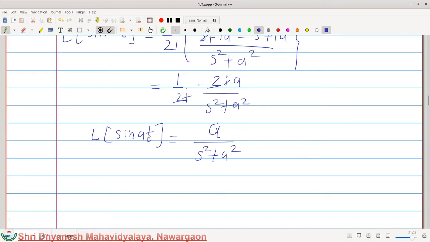Okay, and here again I have a task for you. Find out why I am writing s is greater than a. Sorry, s is greater than 0.